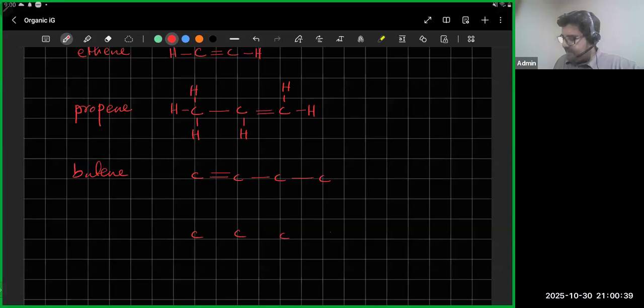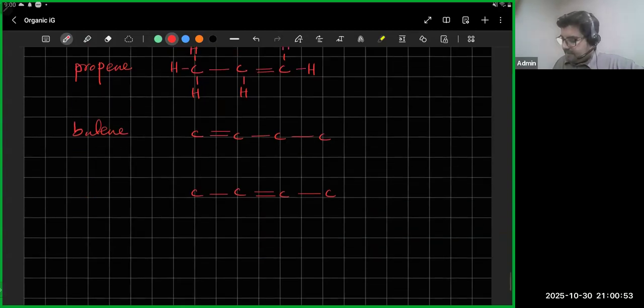It's got an option to be in the middle, or it's got an option to be at the end as well. That leads to different structures. There's a third option as well, where you put the double bond at the other end, but the first and the third are exactly the same.